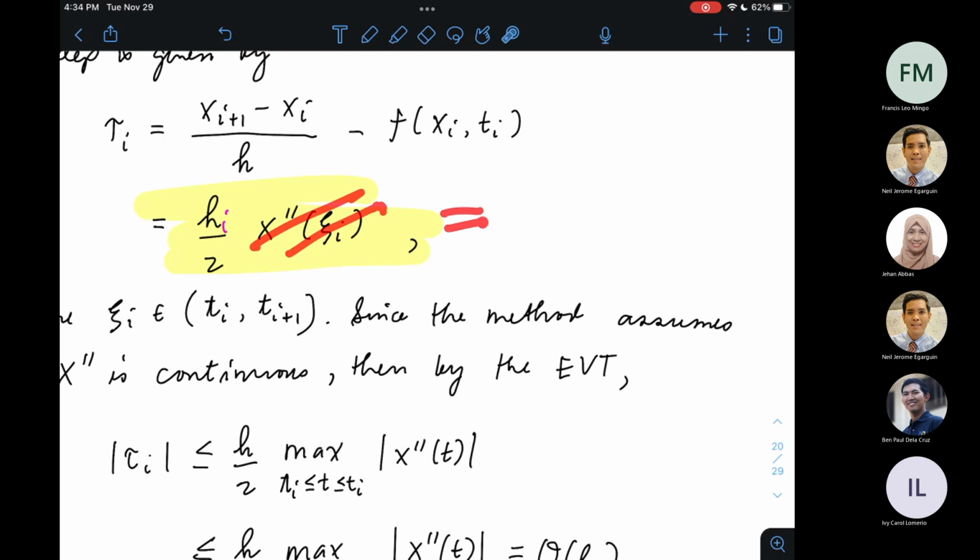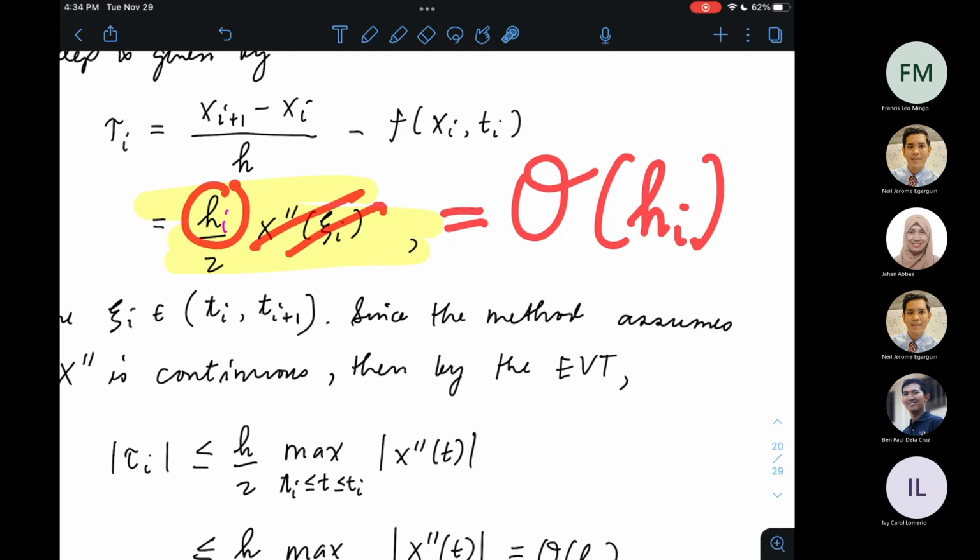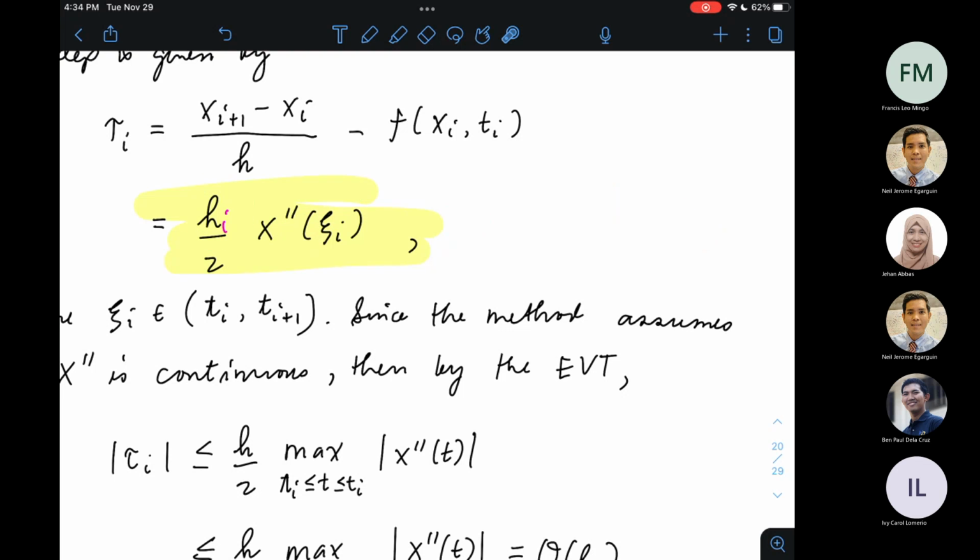So basically, you can just say that the local truncation error is of order big O of h sub i. All right? Tanggalin mo lang yung mga insignificant terms, tanggalin mo lamang yung mga unnecessary constants or scaling constants. Just focus on the important factor, the determining factor in this truncation error.